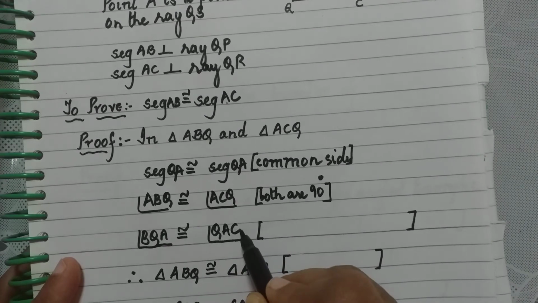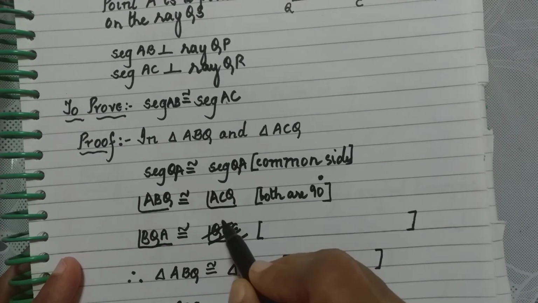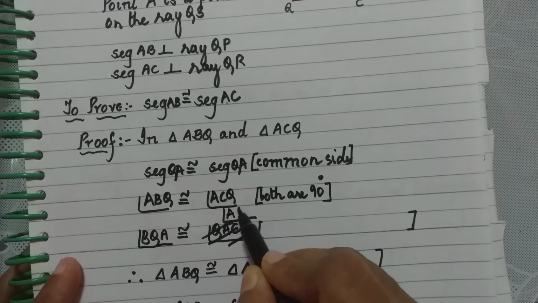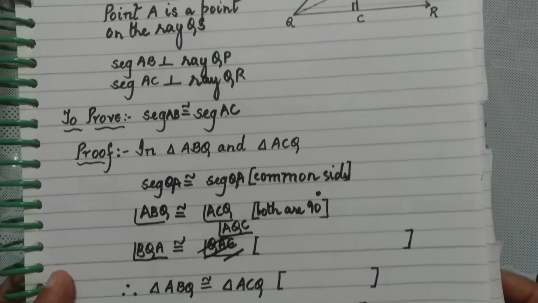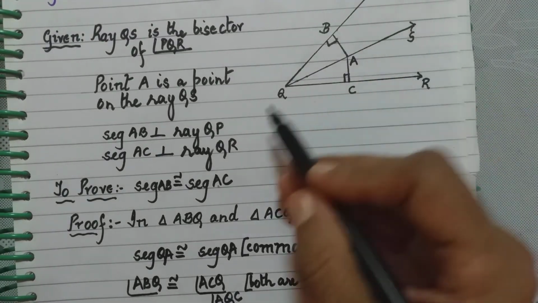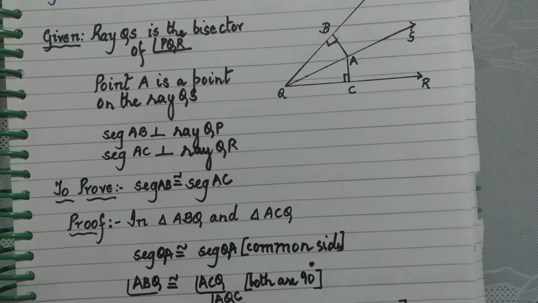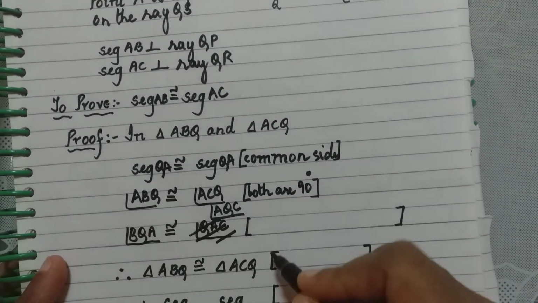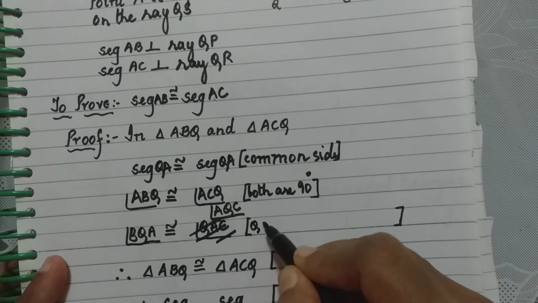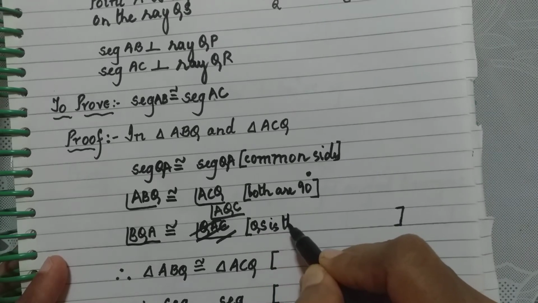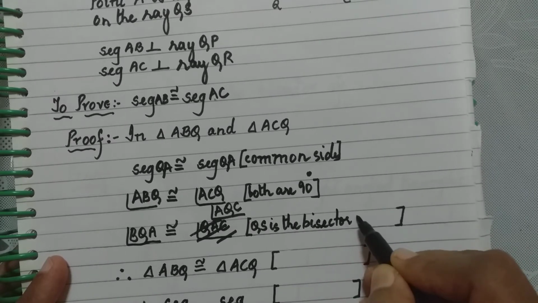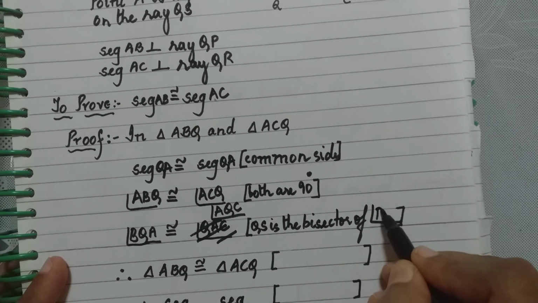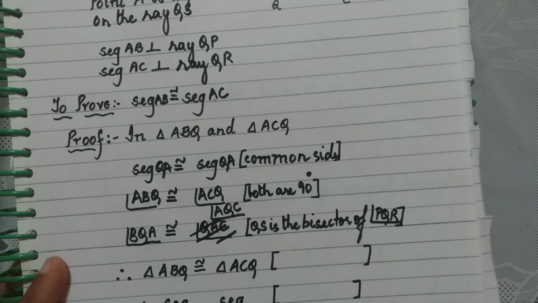We have written QAC, so we correct it here. What is it? Angle AQC. Now why is it? Because QS is the bisector of angle PQR. So we write QS is the bisector of angle PQR.